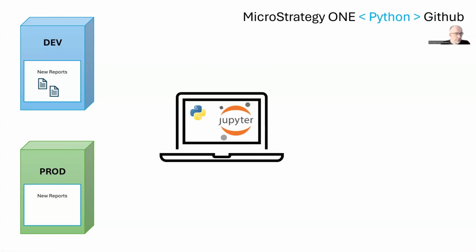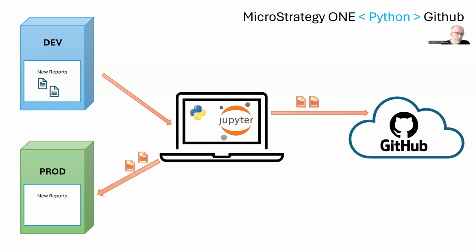We have used a Jupyter notebook Python script to connect to two environments, create migration packages, and move objects between them. At the same time, we pushed those packages to a GitHub repository, and we rolled back changes by getting the undo package from GitHub and deploying this to production. So this is how this was done with Jupyter Notebook.